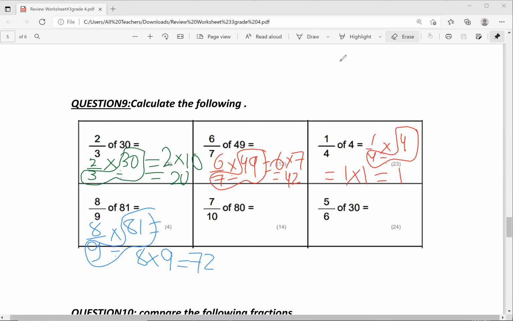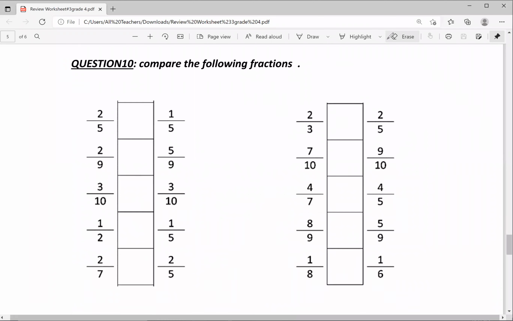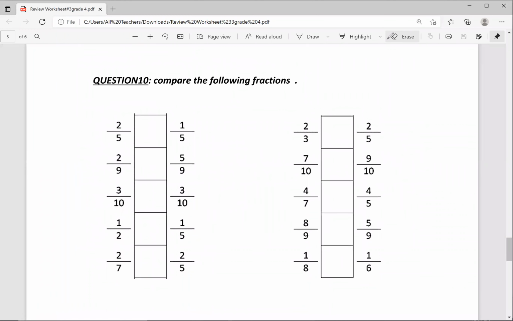Now let us go for the most important question, which is comparing fractions. When you have the same bottom number, the greater the top, the greater the fraction. 3 over 10 and 3 over 10, they are equal. While if you have the same top, the smaller the bottom, the bigger the fraction.